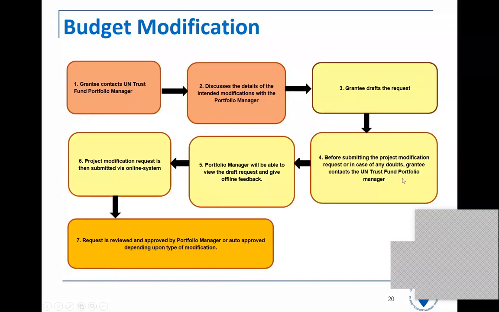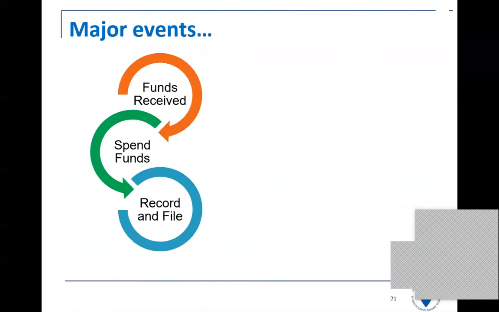The UN Trust Fund Portfolio Manager will review the request, may ask for further verification, but once it's approved, we will reopen the budget system for the project modification, and you can do it on the online system. So that's the process for budget modification.